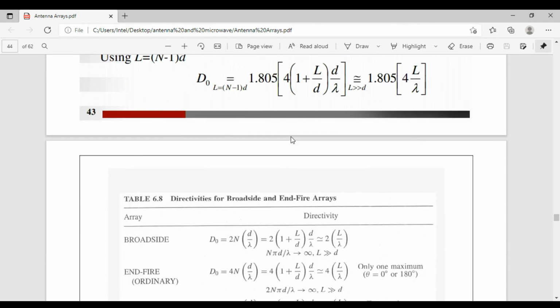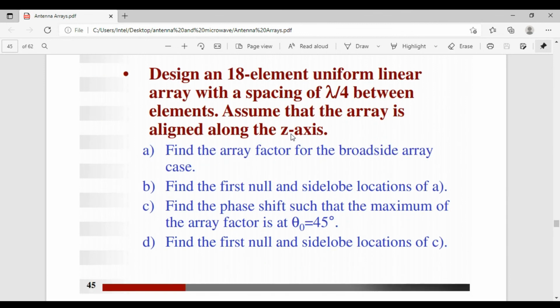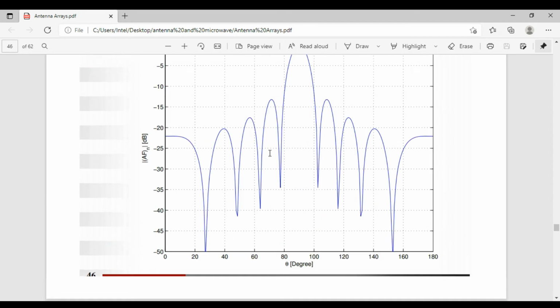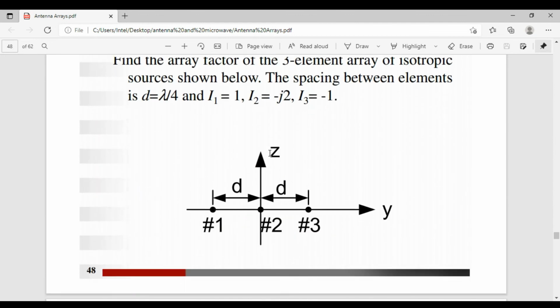From this equation we can set. Take an 18 element uniform linear array with a spacing d of lambda by 4, and N value is 18. By using the formulas shown above, we can substitute the values of N and d equal to lambda by 4, and we can find the answers. Okay.